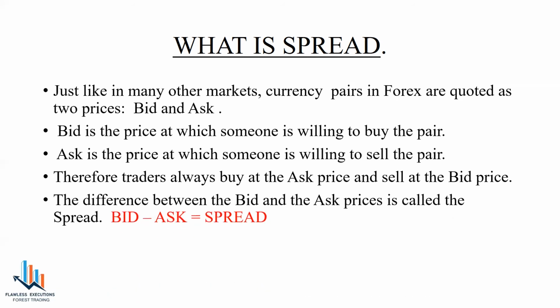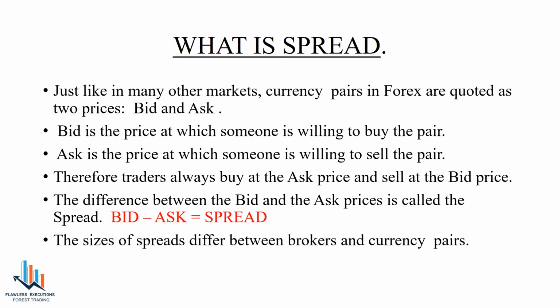The difference between these two prices, the bid and ask price, is what we call the spread. The spread differs by broker and currency pair. Each and every broker has the spread they set for currency pairs. I think I've made myself clear.